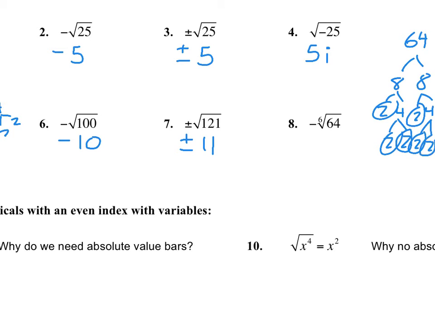So if you break down 64, you end up with 6 2's. So you can pretty much divide an exponent on the inside with the index. So if I divide that, then I can take it out of the radical, and it will be 2 to the first power, and I don't need to write the exponent when it's 1.